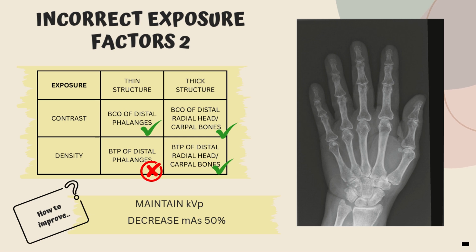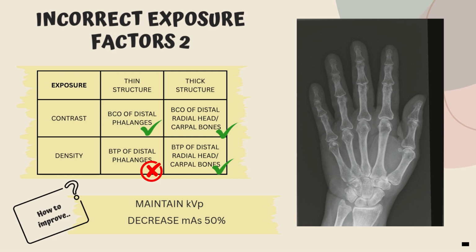The second image for incorrect exposure shows the contrast is optimum. The thin structure, which is the bony cortical outline of the distal phalanges, can be seen, and the thick structure, which is the bony cortical outline of the distal radius and carpal bones, can also be seen.